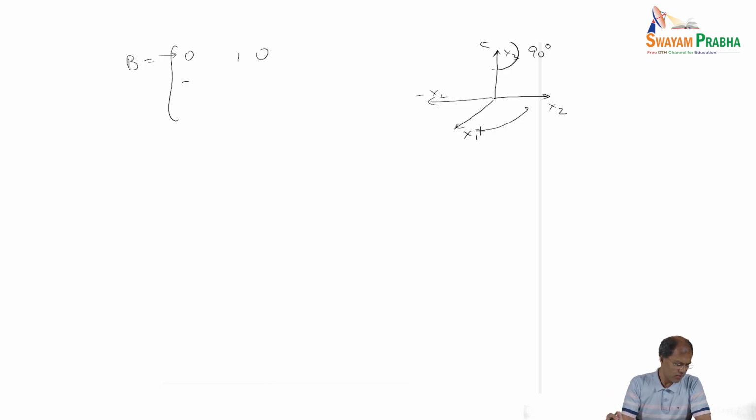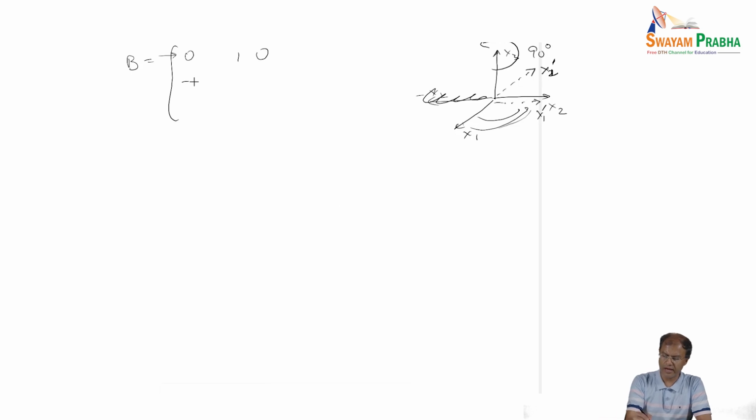So x1 becomes x2 and x2 becomes negative x1. This is our new x2 prime axis and the new x1 prime axis is here.